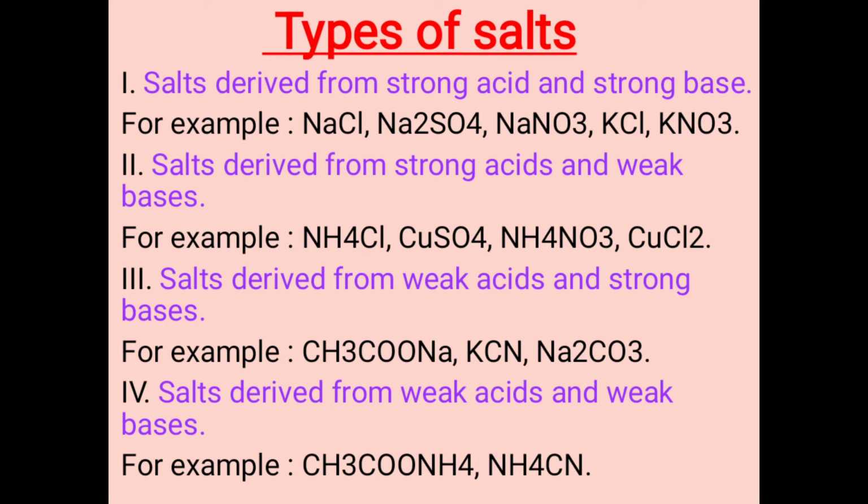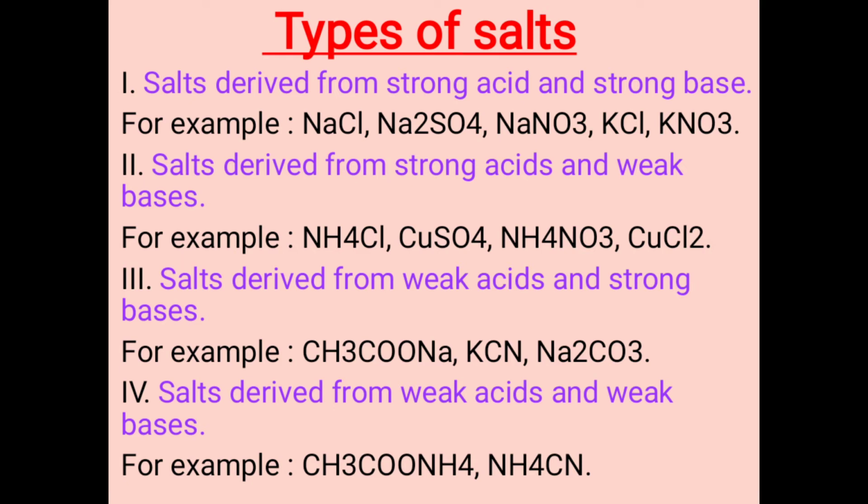It means a reaction between a strong acid and a strong base to form a salt and water. Some examples of this type of salt are NaCl, Na2SO4, NaNO3, KCl and KNO3.